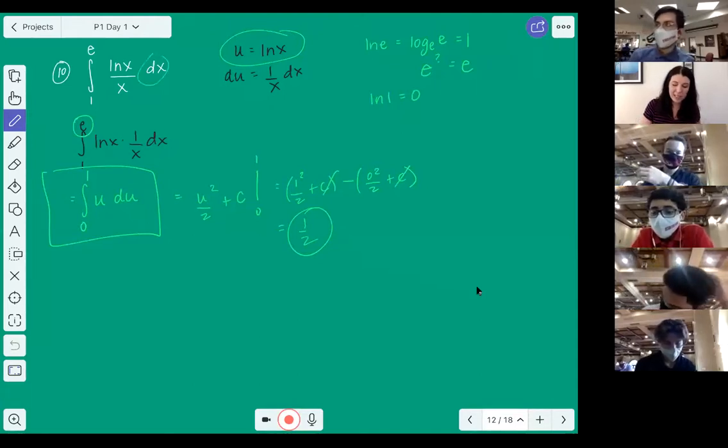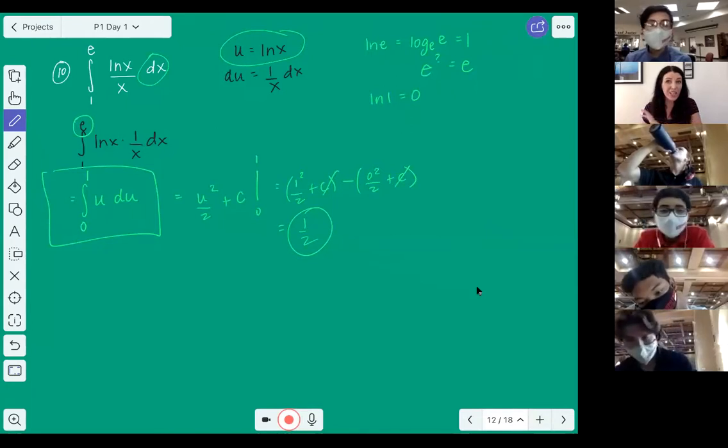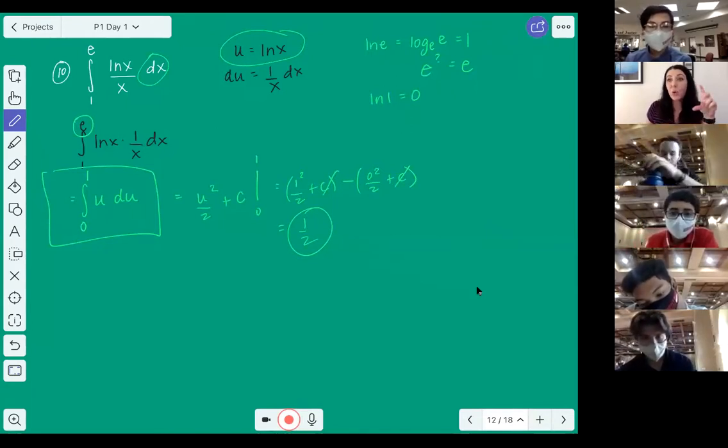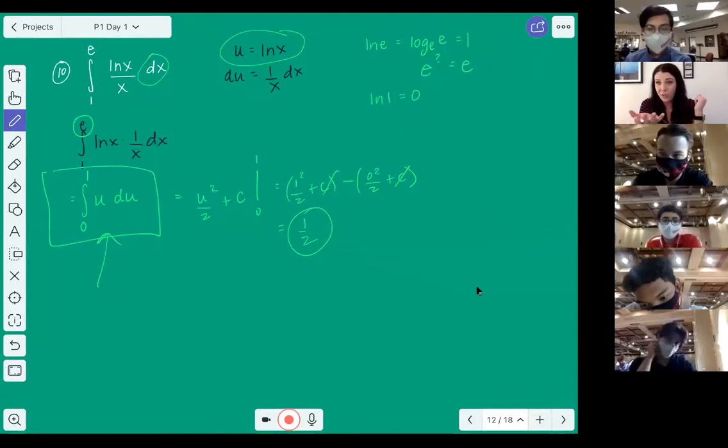So remember that this dx represented with respect to x. So we were finding with respect to x what that was equal. Using u-substitution, we changed the entire integral, including the bounds, to come up with an equal integral. So this integral is absolutely equal to the first integral.